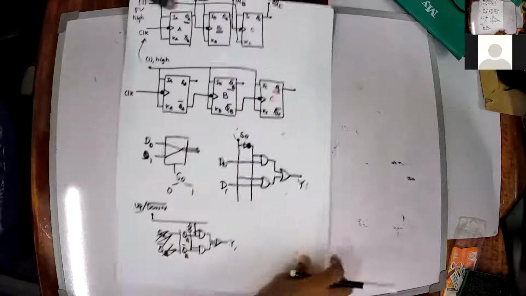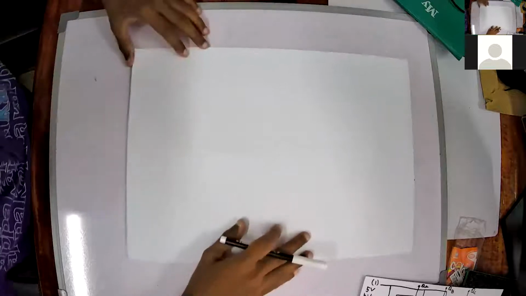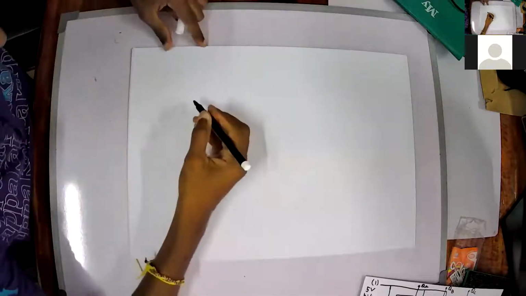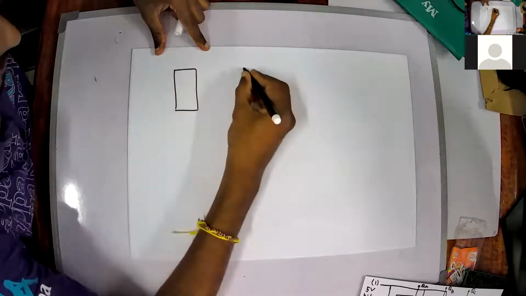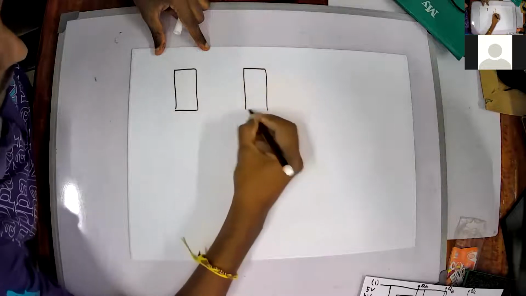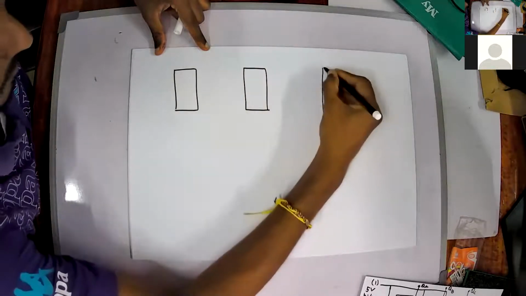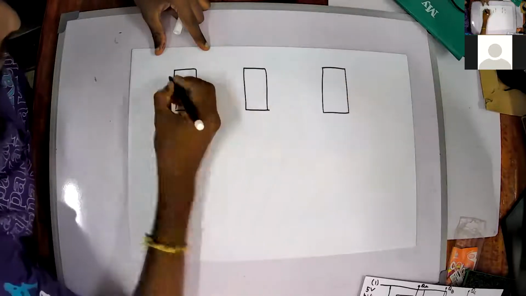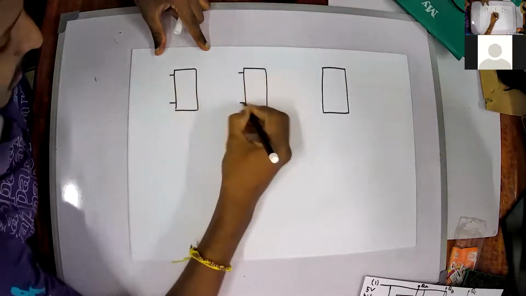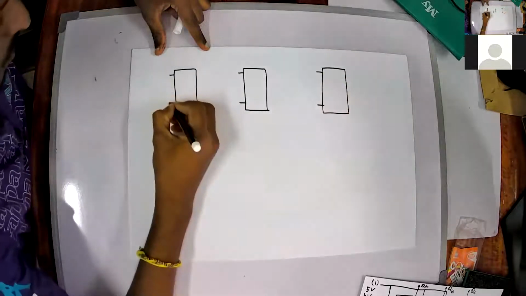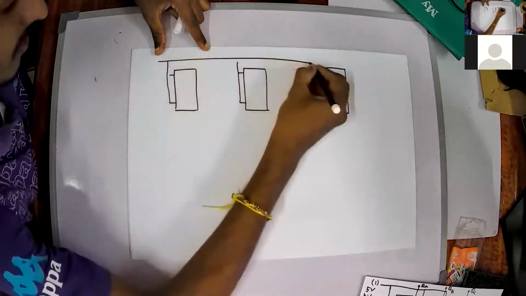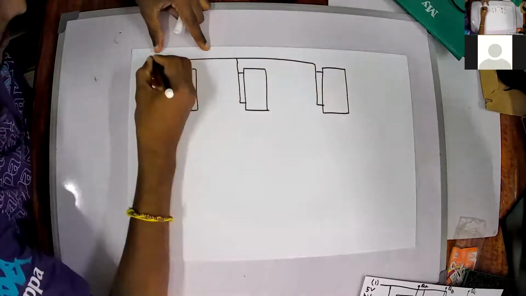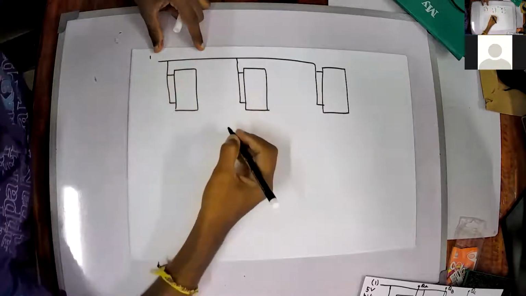Now, let us draw the circuit diagram. First, we'll have JK flip-flops. All J's and K's are connected to high.